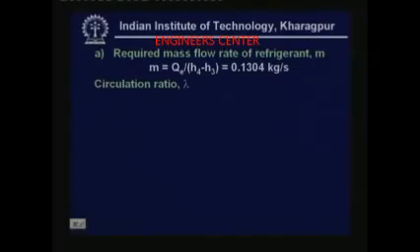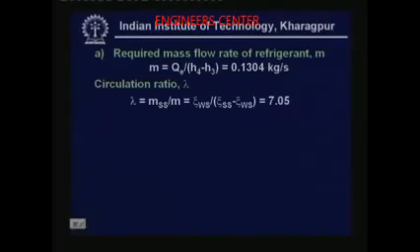Then the circulation ratio, because we have to find the mass flow rates of strong and weak solutions. So, first let us find the circulation ratio. Circulation ratio, as you know, is defined as the ratio of strong solution flow rate divided by the refrigerant flow rate.